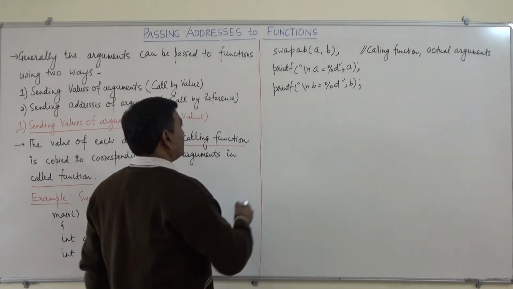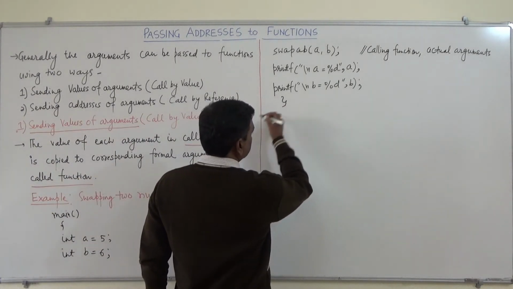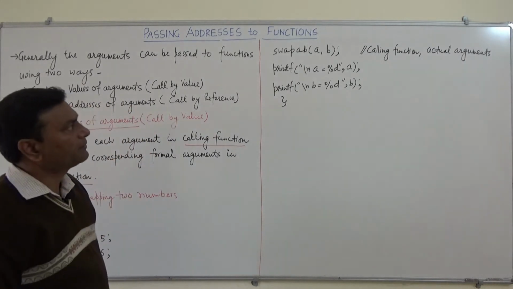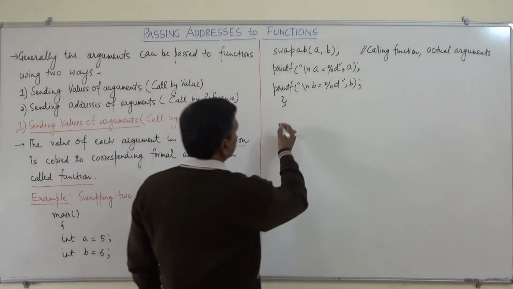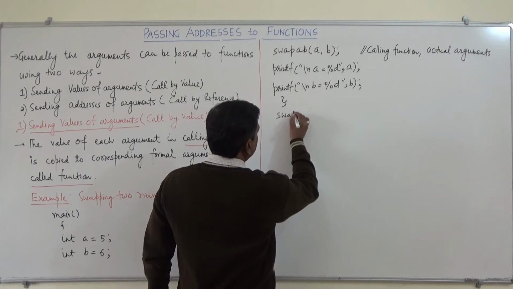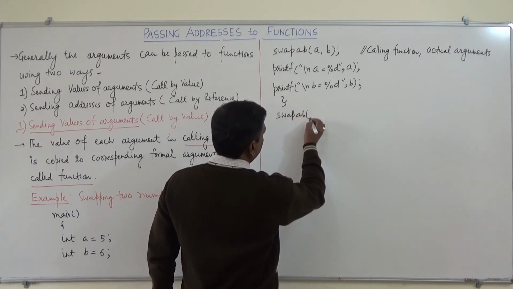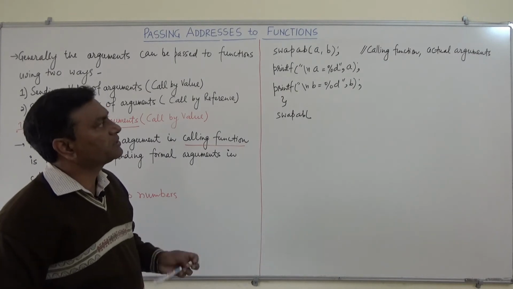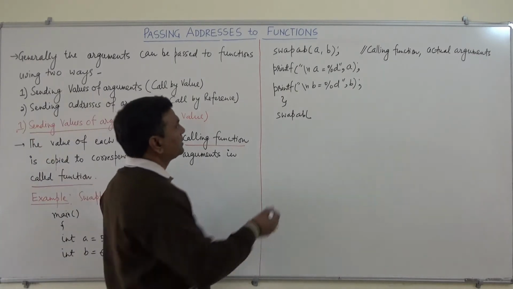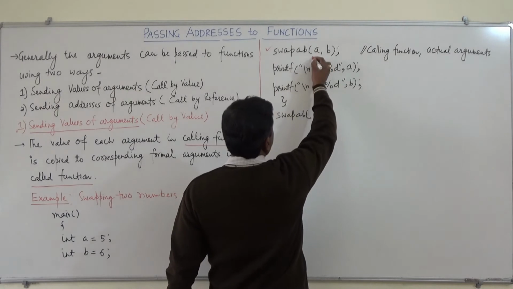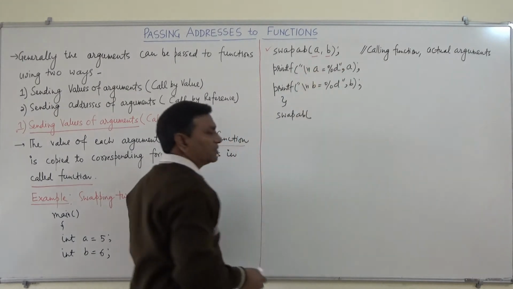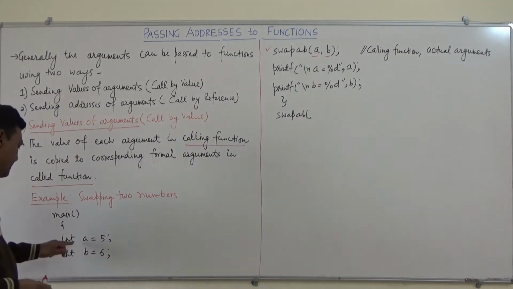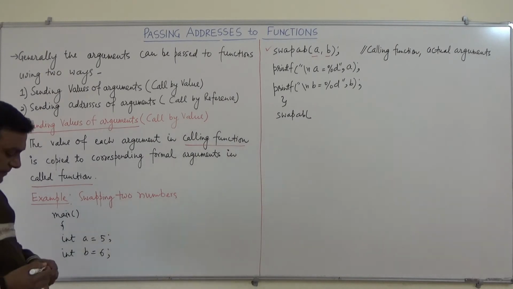Now we are closing this main, and after this we will give the definition of swap. Because we are using two actual arguments, that is A and B, which are of integer type, integer a and integer b.